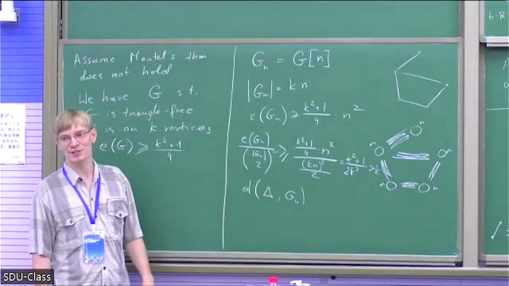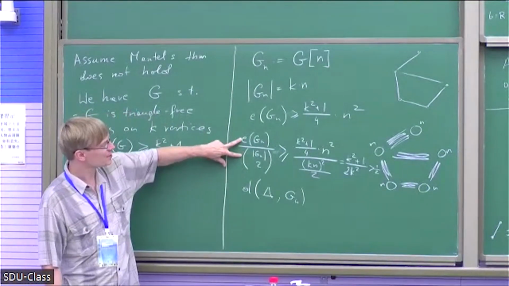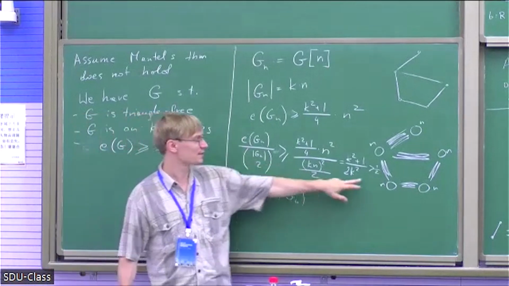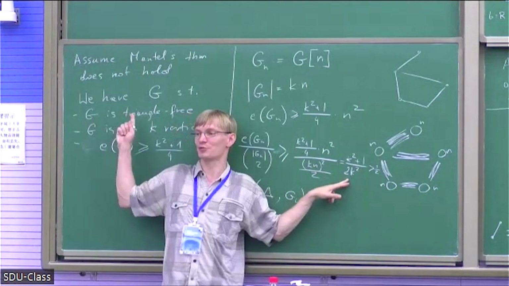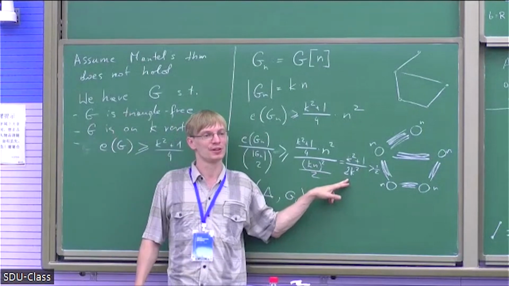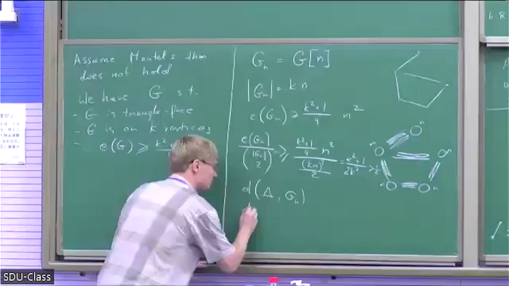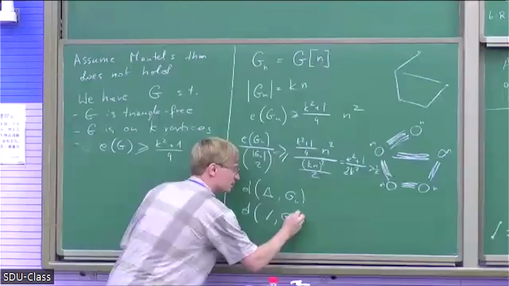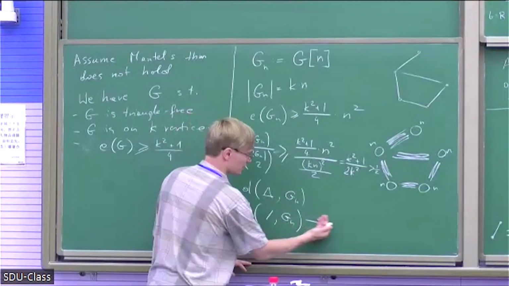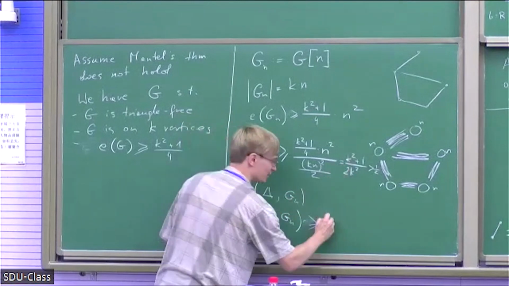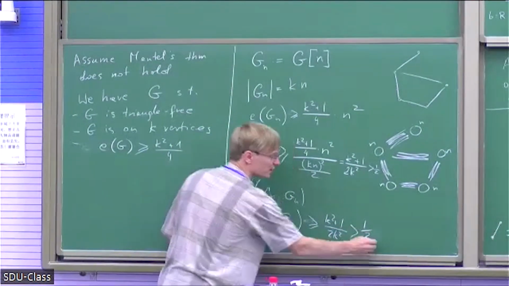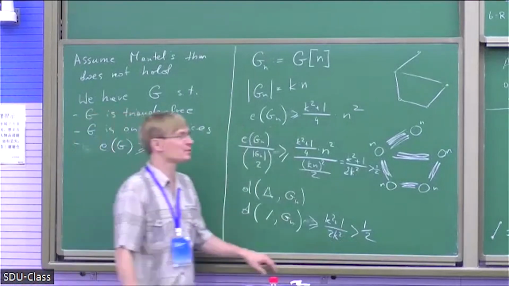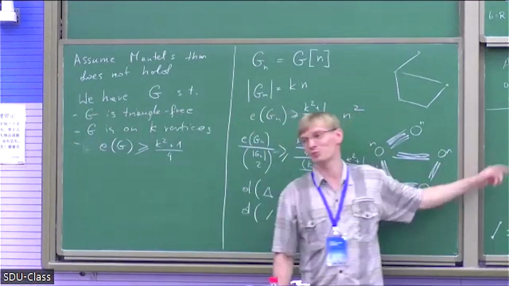And what's my number of edges? Here I proved that the density of edges is at least this number, and this is some fixed number, right? k was a fixed number of vertices in my counterexample. So in the limit, my edge density is tending to something which is still at least (k squared plus 1)/(2k squared), which is strictly above a half. And this contradicts the theorem that we just proved.